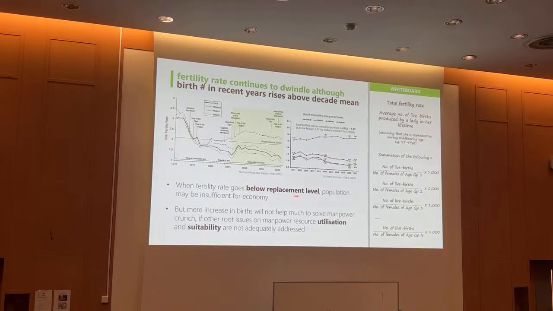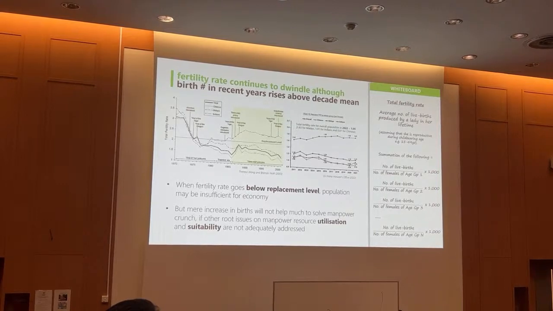Typically, for Singapore the replacement level is set at 2.1 for fertility rate, meaning that hopefully people can produce enough babies at least to replace themselves when they retire and when they die.